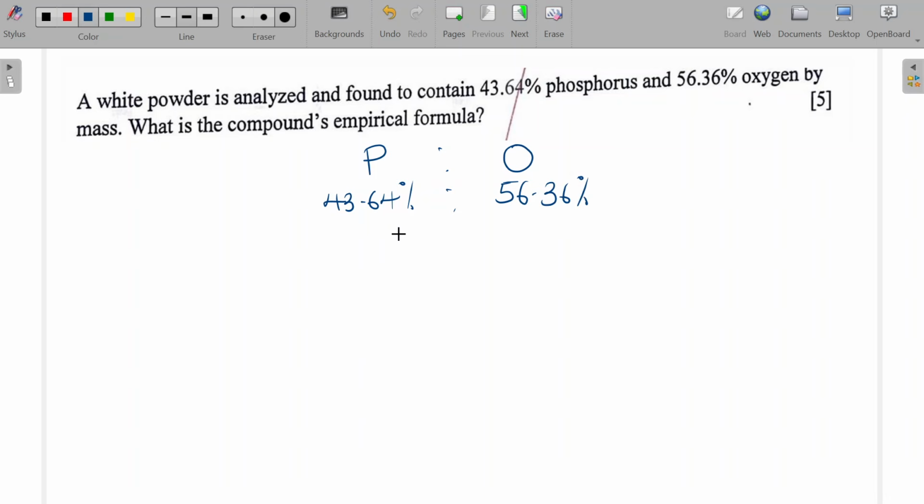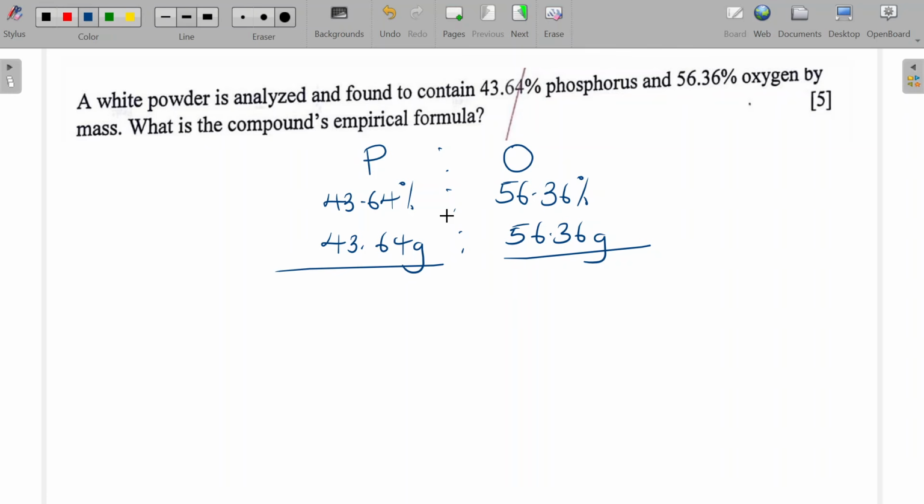So now the first thing you're going to do is change these to grams, so you have 43.64 grams to 56.36 grams. After doing this, you're going to divide by the molar masses of each of these atoms.